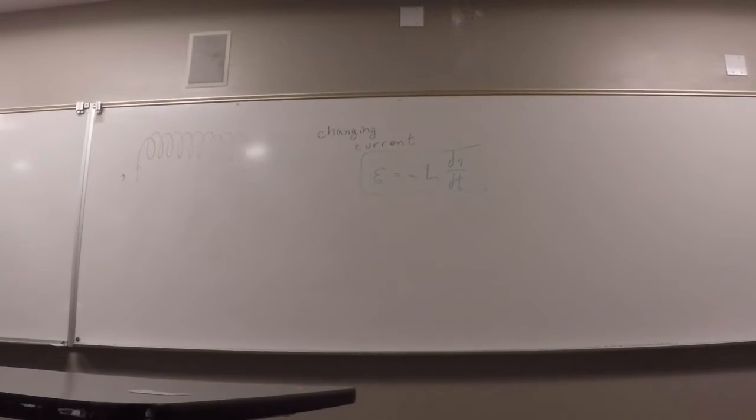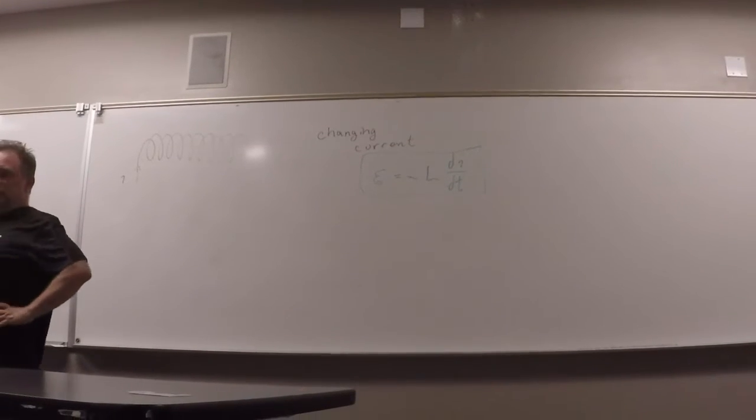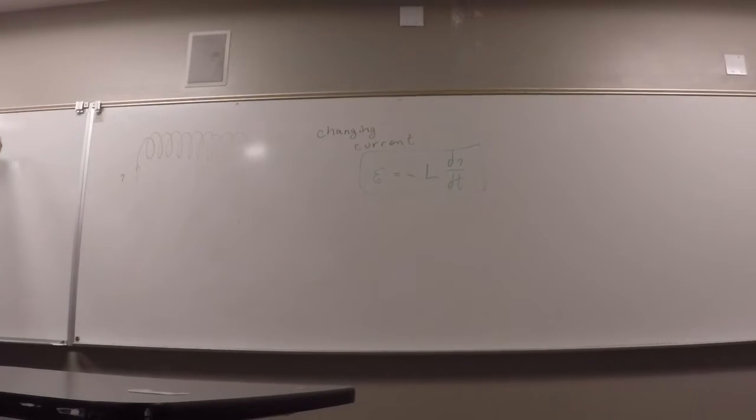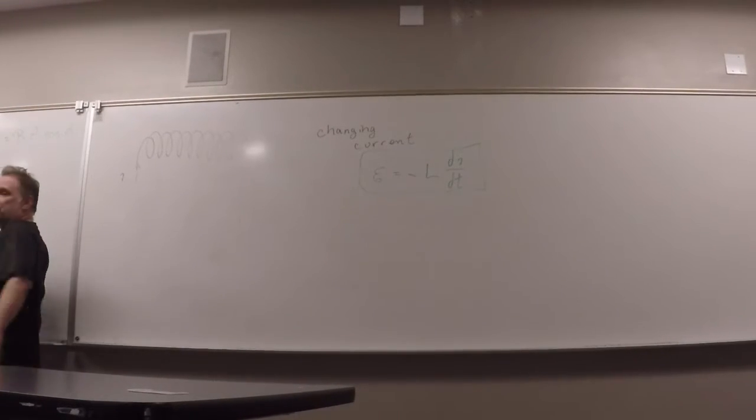All right, so we want to know the flux through that loop when I put a current I in it. Well, the flux, remember, is the magnetic field multiplied by the area multiplied by the cosine of the angle between those two.